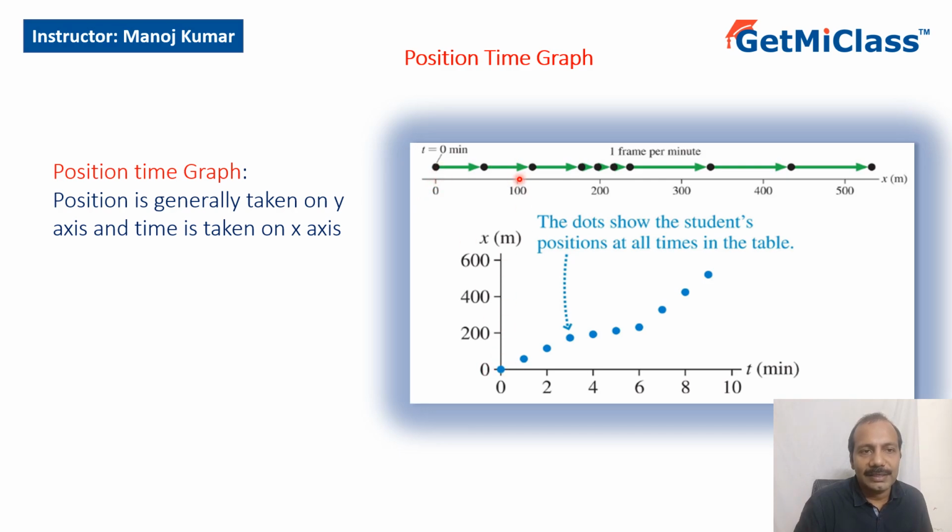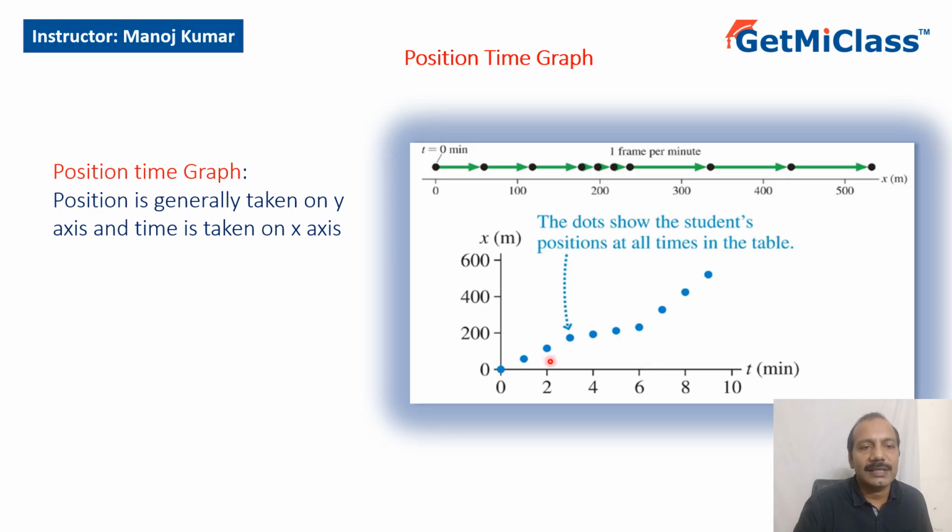Each frame is 1 minute. So at t equal to 2 minutes, it's slightly over 100 meters. At t equal to 4 minutes, let's say it's slightly less than 200 meters. All these points shown here we plot on the graph, and we get a graph of this kind. Because this is a plot between position and time, we call it a position time graph.